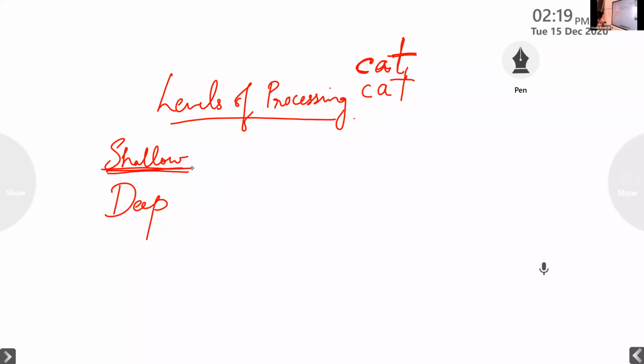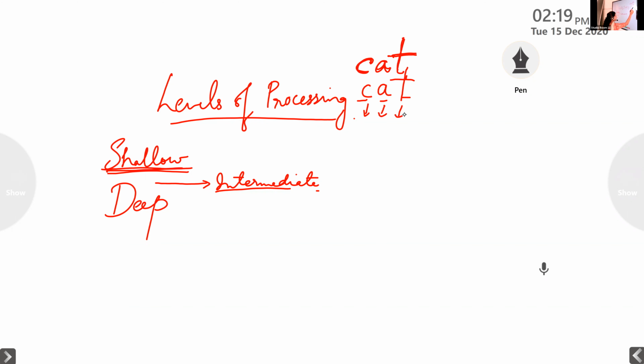Okay. And in the intermediate level, what happens in between the shallow and deep level, we might try to make sounds of each of these alphabets. That is k. This might be k. This might be a.